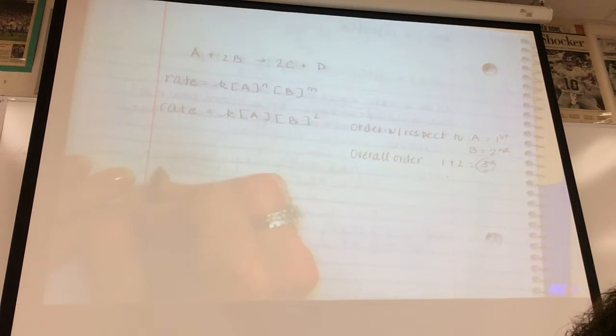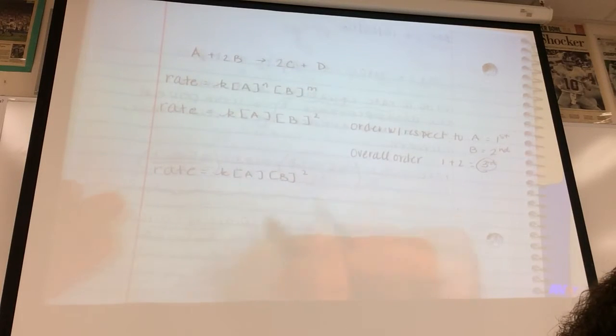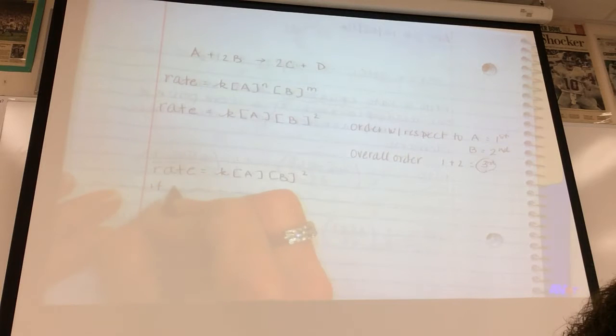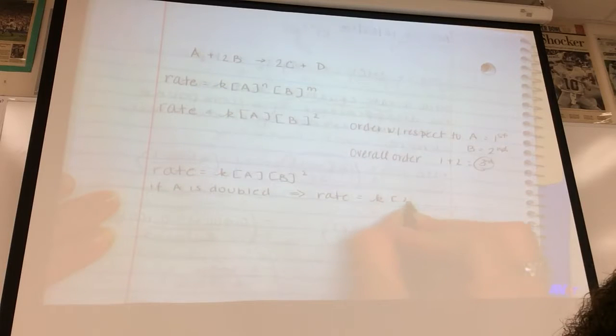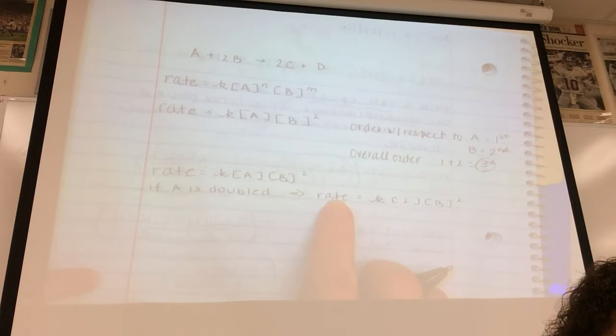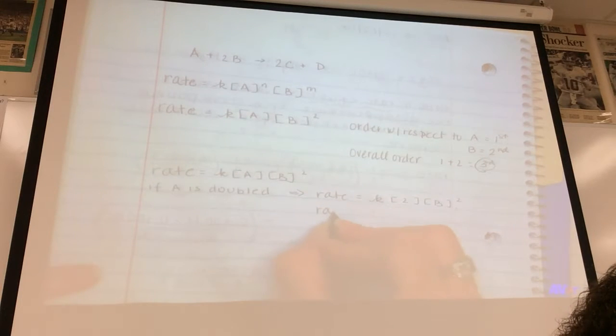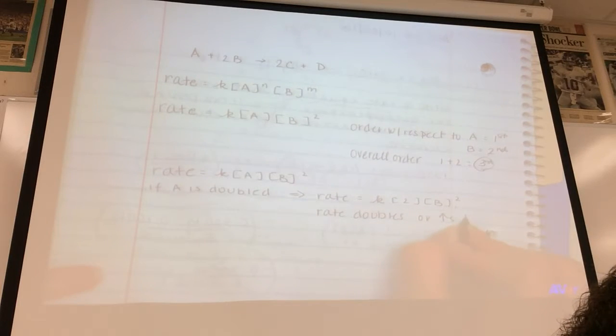Now, if you had the rate is equal to K, A, B squared, if A is doubled, I'm going to put a 2 where the A is. Then the rate doubles or increases a factor of 2.